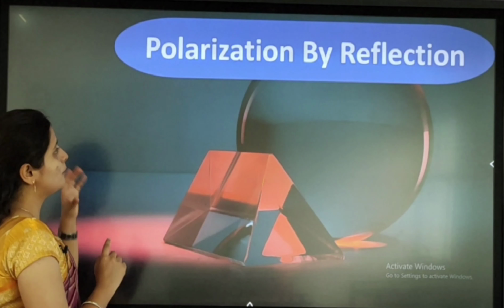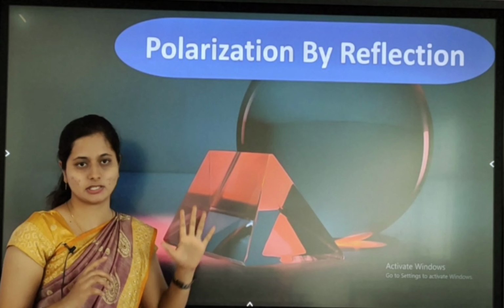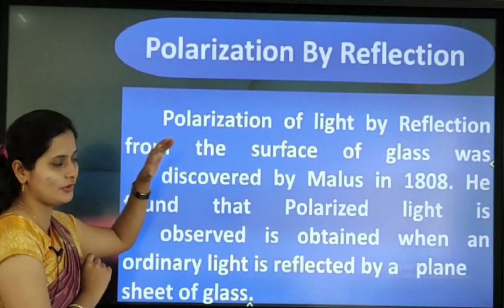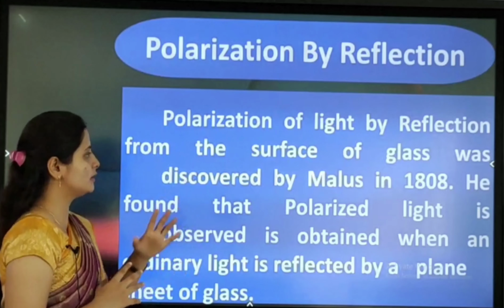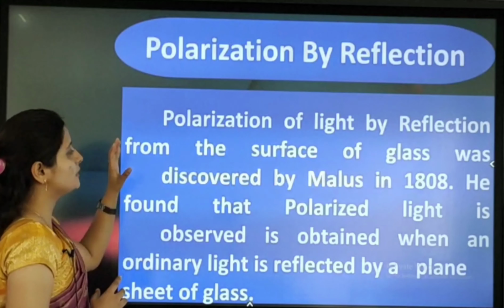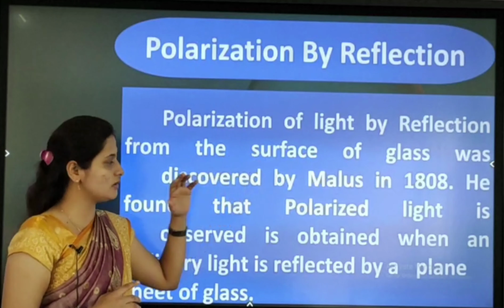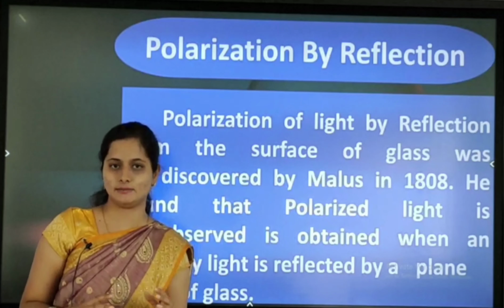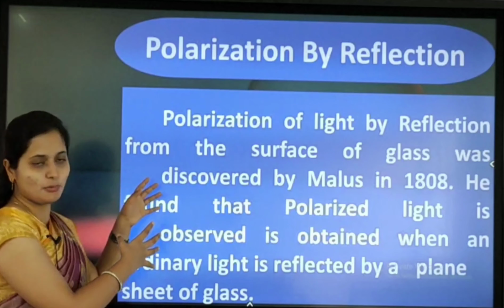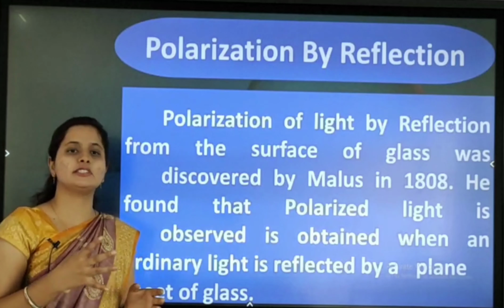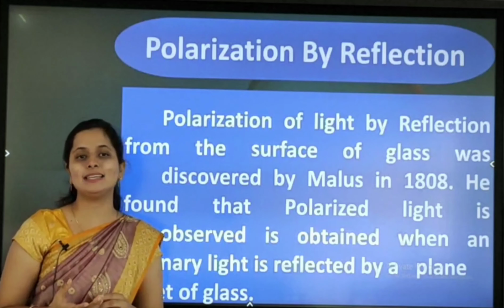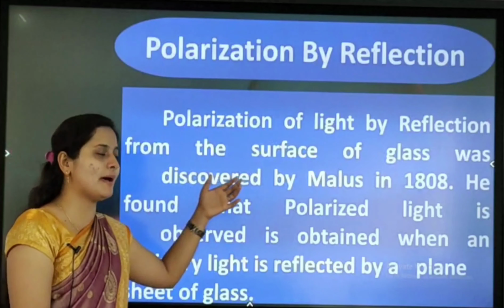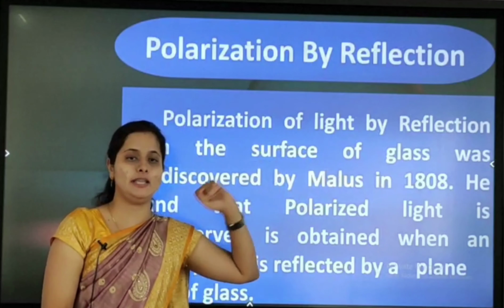Polarization by reflection. Polarization of light by reflection from the surface of a glass was discovered by Malus in 1808. This polarization by reflection can happen by taking a glass plate, and this phenomenon was explained by Malus in 1808.